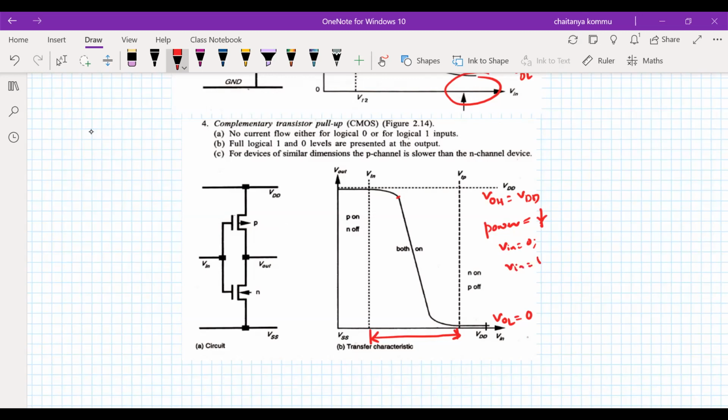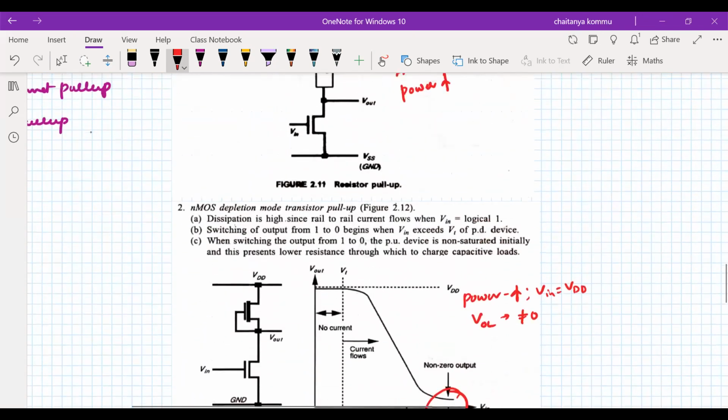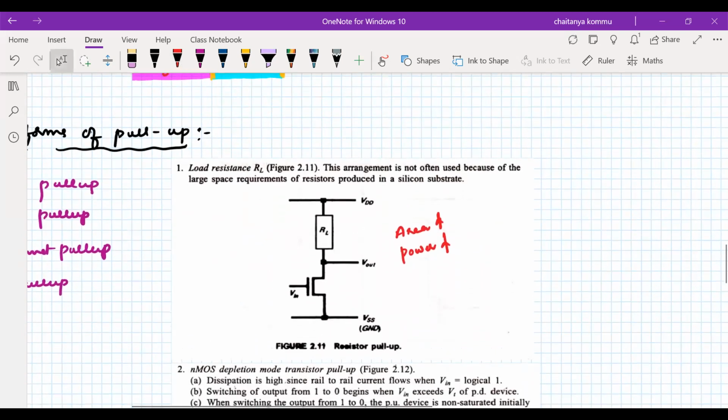When Vn is equal to VDD also, only one transistor is on. Therefore, there is no possibility of static current. So the short circuit current from VDD to ground is not there. That's the reason why the power consumed by CMOS devices is less compared to the other existing circuits. So these are the 4 alternative pull-ups that we have in our syllabus.